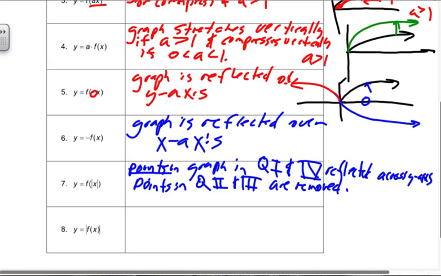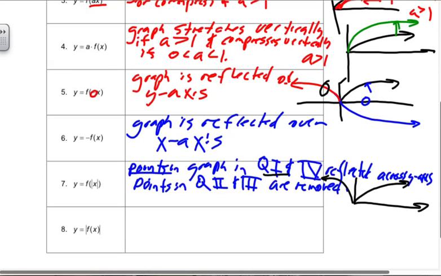And again, let's deal with my square root function. You notice that this guy is purely in quadrant 1, which means I'm going to reflect across the y-axis, which means it's going to look like this guy up here. Okay?